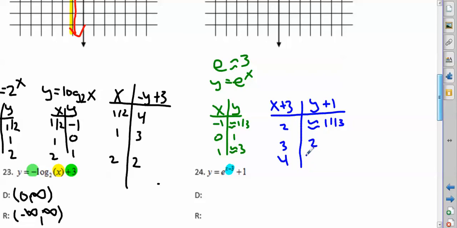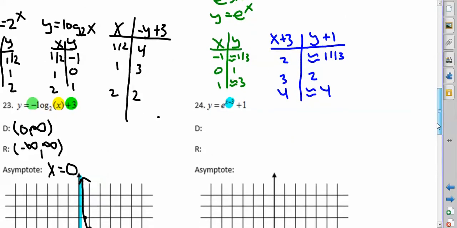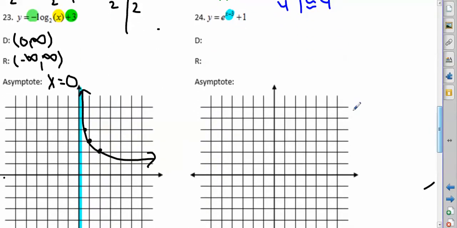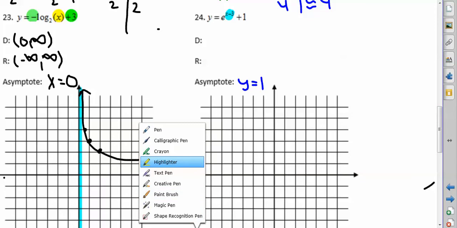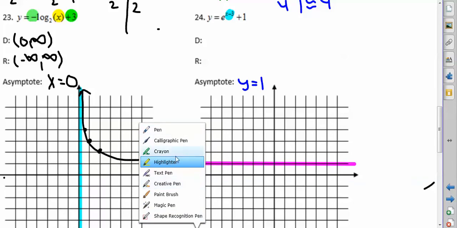2, and approximately 4. Now when we have exponential functions, we have horizontal asymptotes. So because my function was shifted up 1 unit, my horizontal asymptote is y equals 1. So let's go ahead and draw that in first. Do purple this time. Okay, and then we can plot the points.